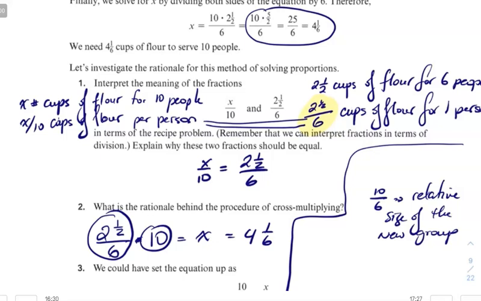So this is 1 2/3. So wouldn't you also need 1 2/3 the amount of flour? So wouldn't you also be able to say that this 1 2/3 is the amount of flour you need for the new recipe divided by the old recipe? So that ratio should be 1 2/3.